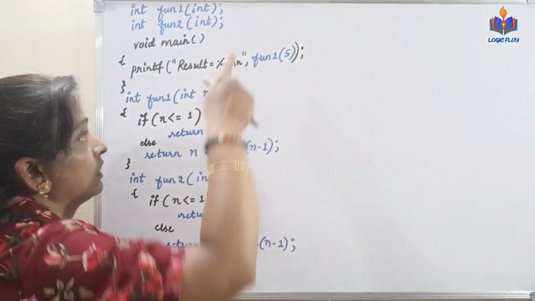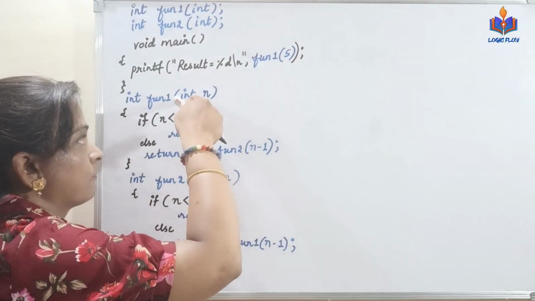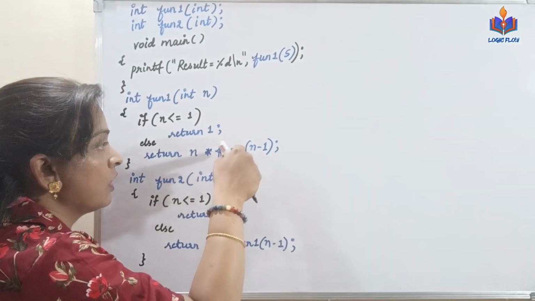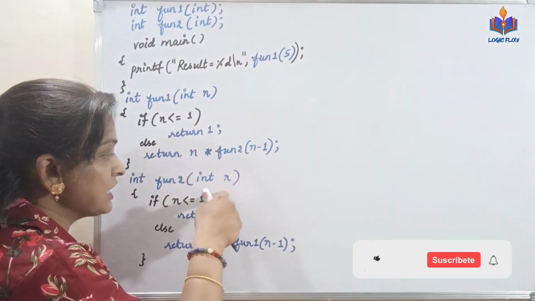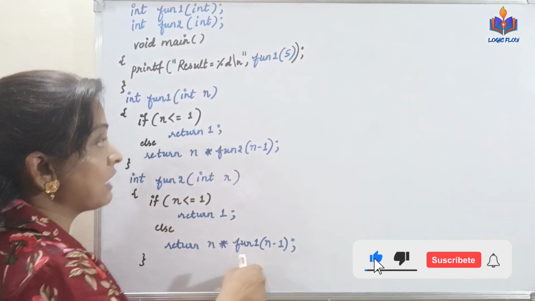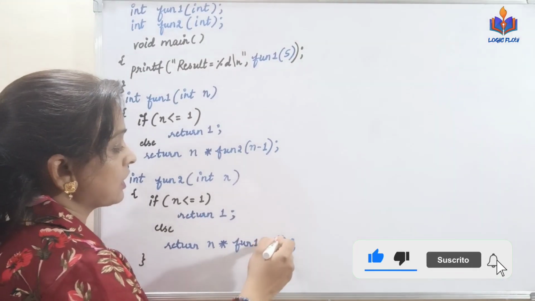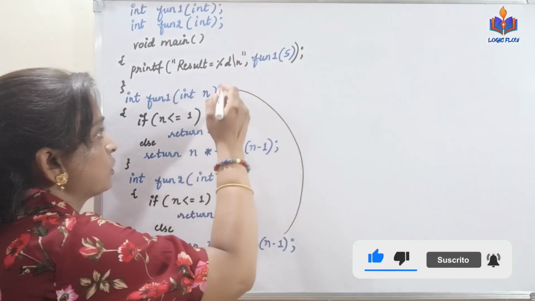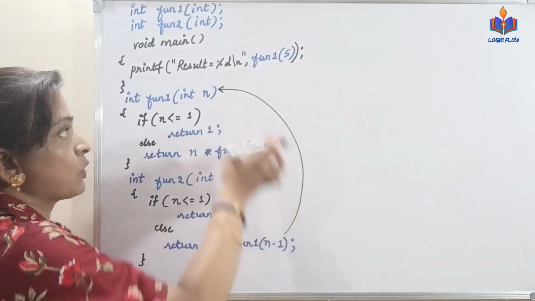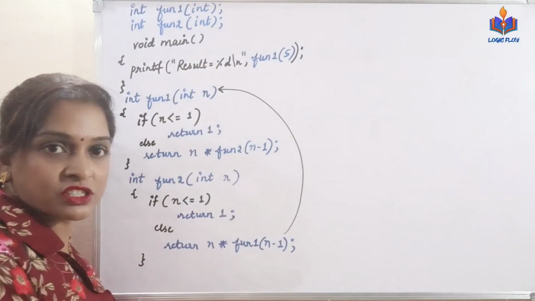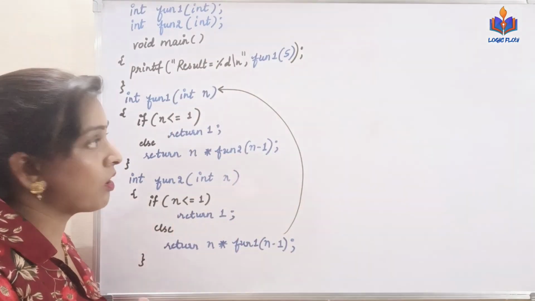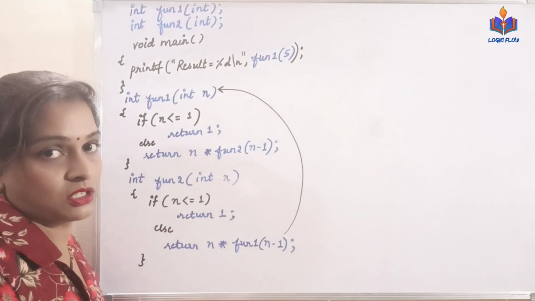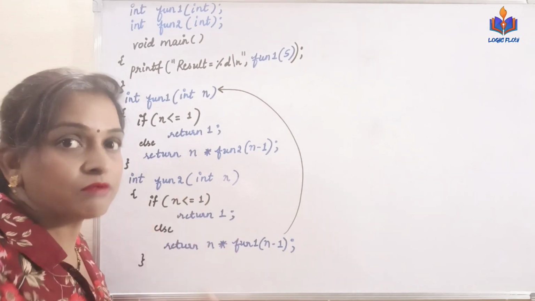Look here, function 1 to function 2, and when I get inside function 2, I am calling function 1. So again, the control is back to function 1. Again, the process continues. So this is indirect recursion, one function calling one more function.